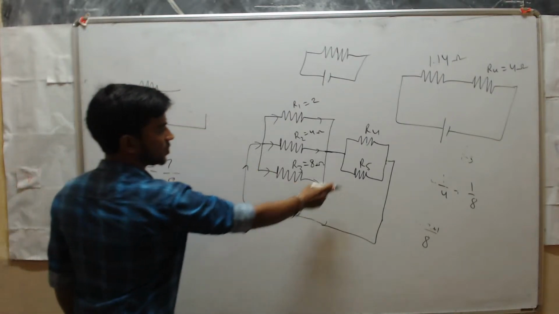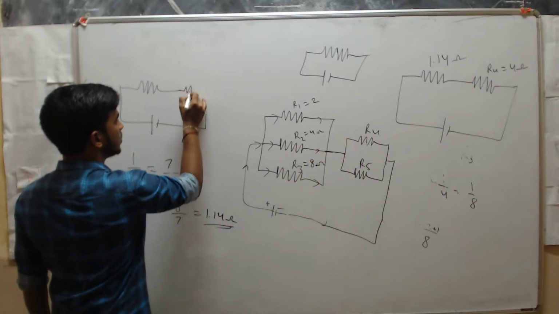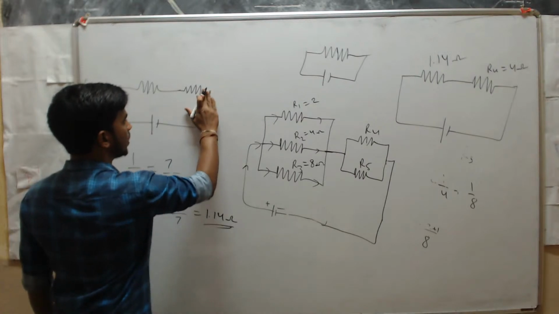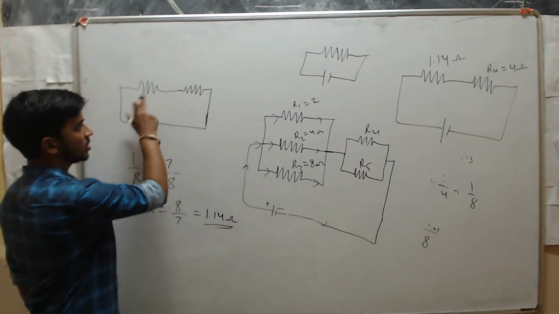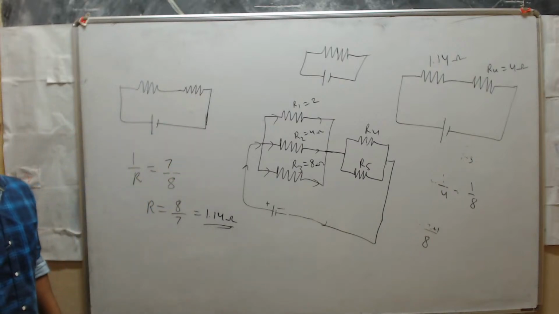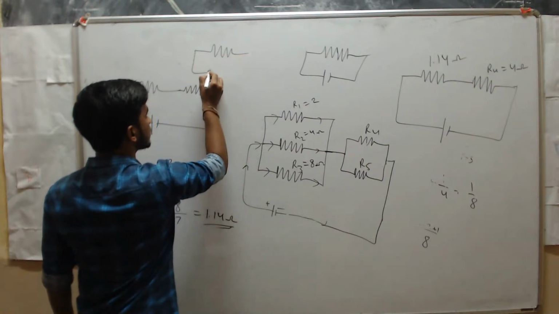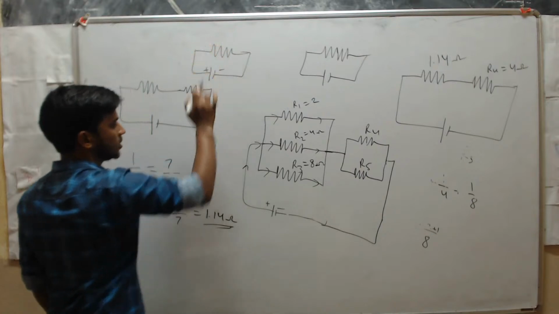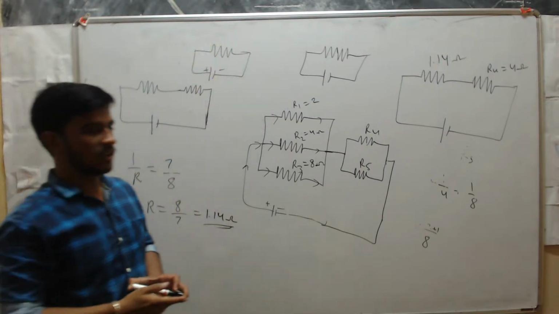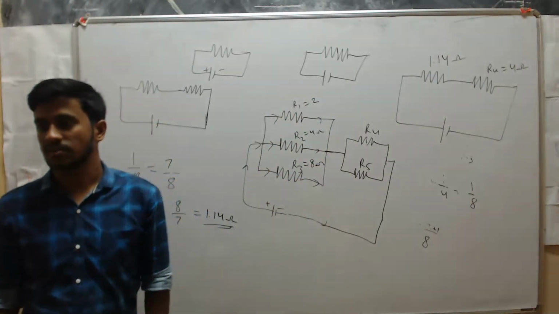Next, if you solve these two also, it will become one, right? Correct? Now just observe, both are in series. If you solve this, finally you will get one resistance. You have to make all these resistors into one resistor.